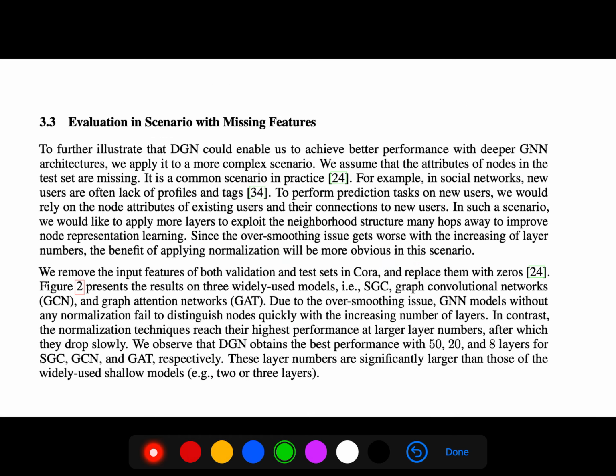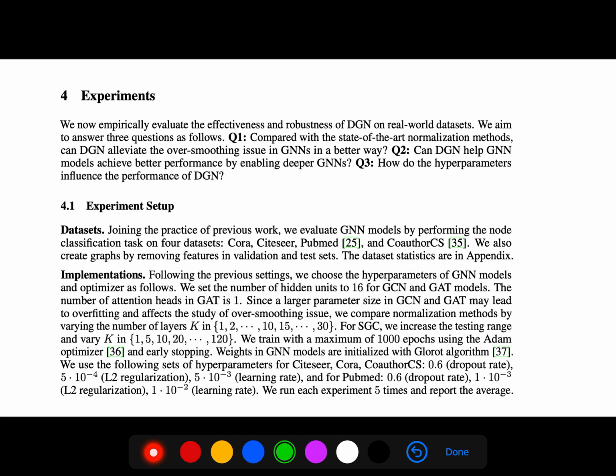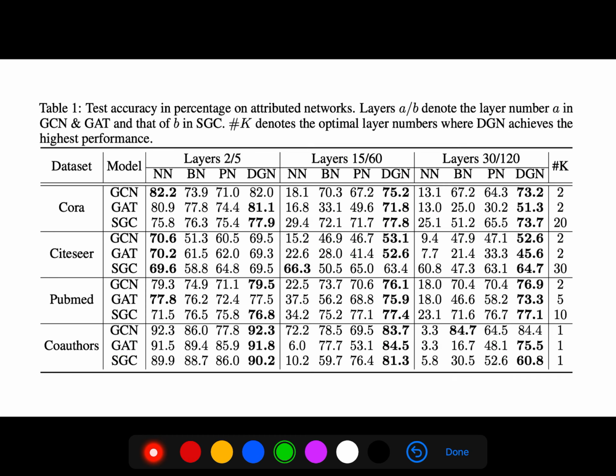So not a big marginal gain. So they have these important data sets, Cora, PubMed, and they have different layers. Batch normalization, and you can see the accuracy.